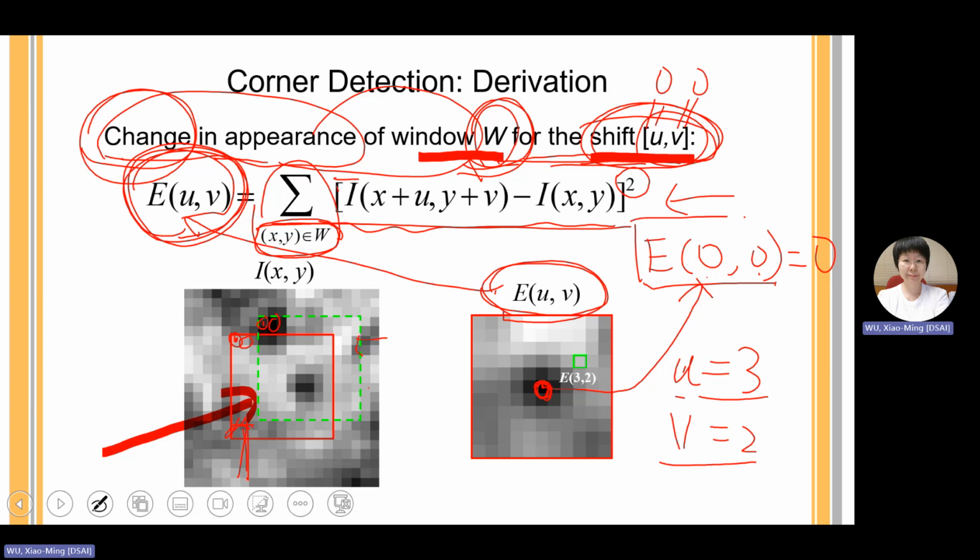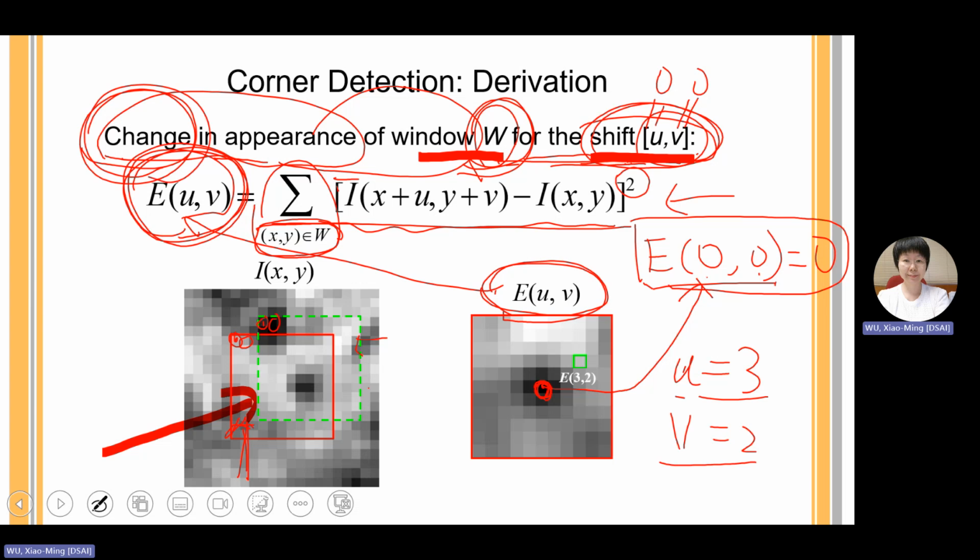It just means the shift is 0, no shifting. Therefore, there's no change in image content.